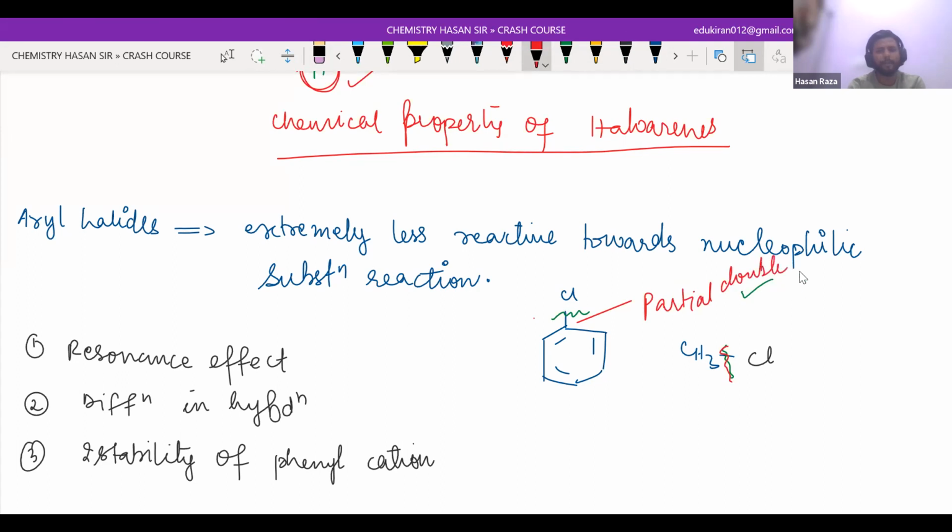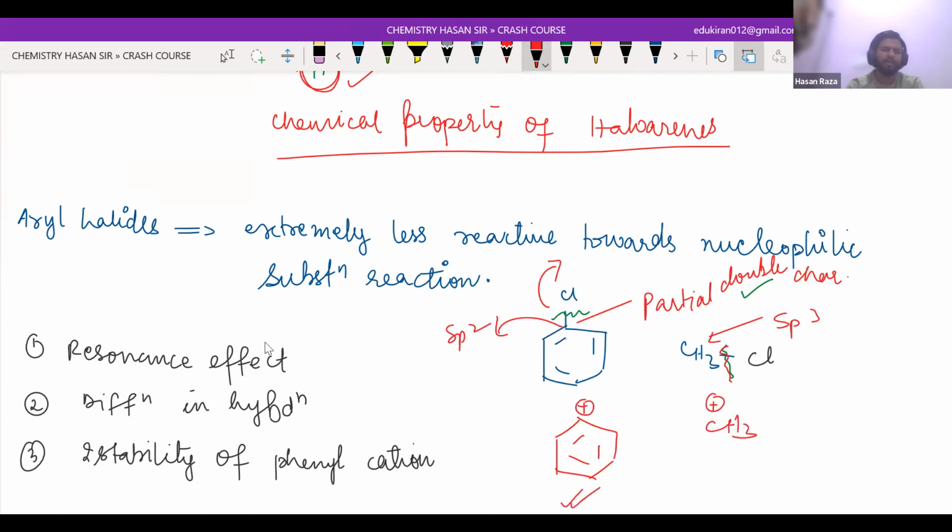Yes or no? Please do respond. Yes, sir. And if you somehow break this chlorine, there will be a positive charge on a double bond carbon, which is very, very less stable, highly unstable. And also this is sp2 hybridization and this is sp3 hybridization. This can be easily converted into a carbocation as compared to this.